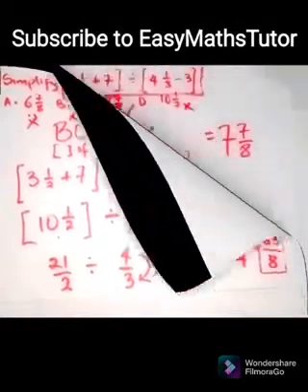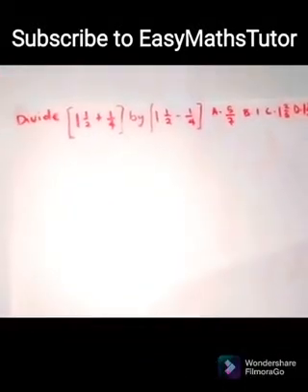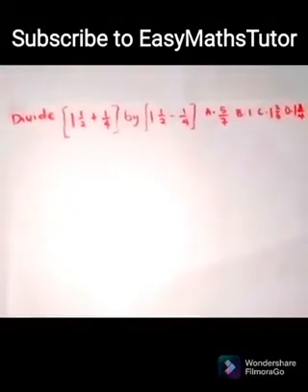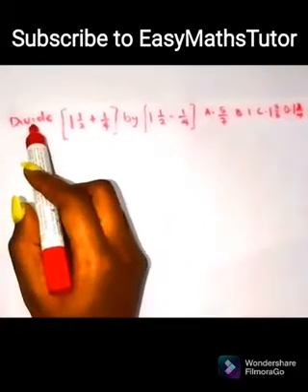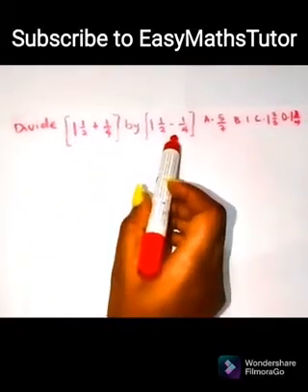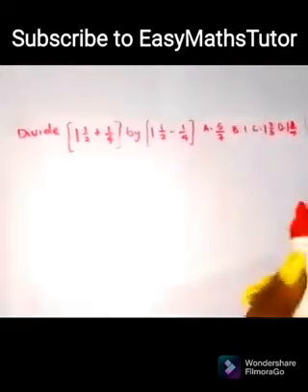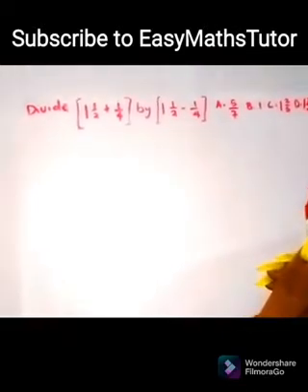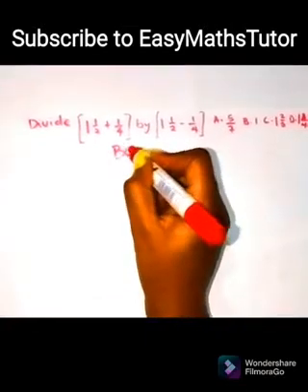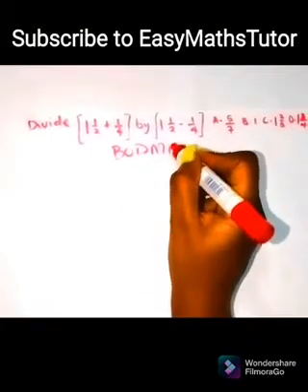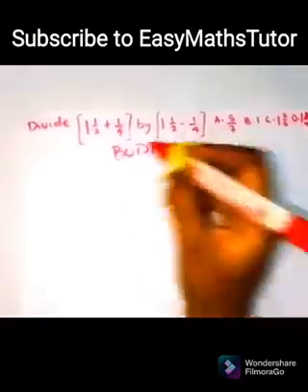Okay. So now we have the third question. The third question means divide this by this. So we're also going to apply our BODMAS rule of operation in this question.